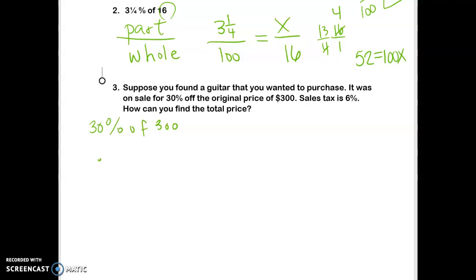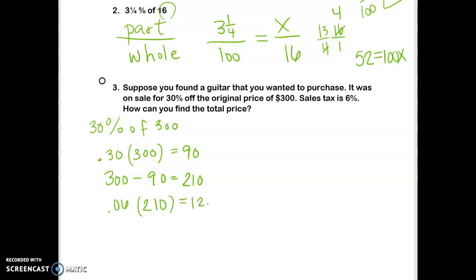Well, 30% of 300 is 0.30 times 300, which is 90. So that's the amount of discount. Discount means we need to subtract it from our total amount, and our sales price would be $210 before we put sales tax on. Well, let's figure out what sales tax is. If we multiply 0.06, so we're finding 6% of 210, 6% of 210 is going to be $12.60.